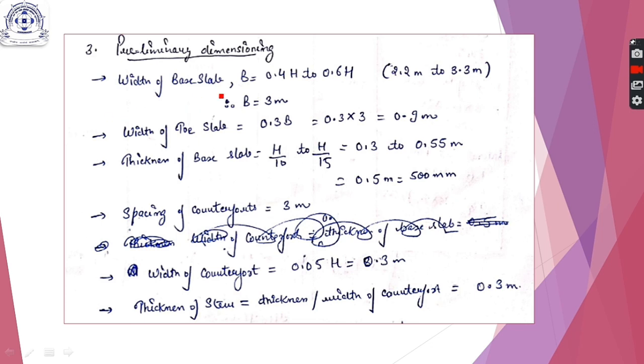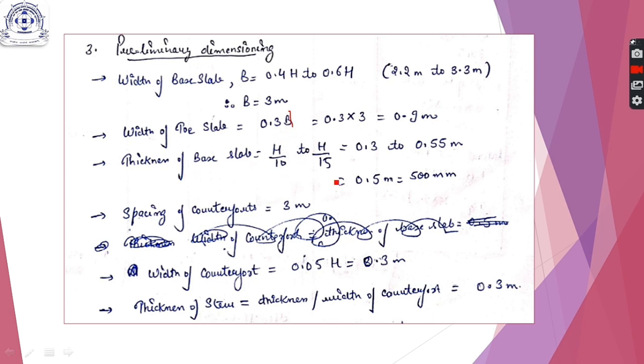The width of the base slab is taken to be 0.4 h to 0.6 h, so we get 2.2 to 3.3 meter. So we assume any value in between, 3 meter. Width of toe slab is 0.3 b, sorry, 0.3 into 3 meter. You can also take it to be 0.4 b.